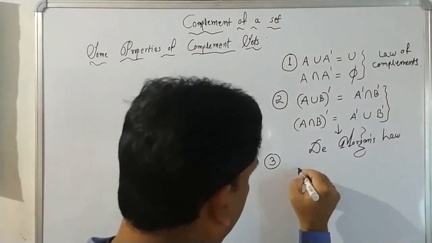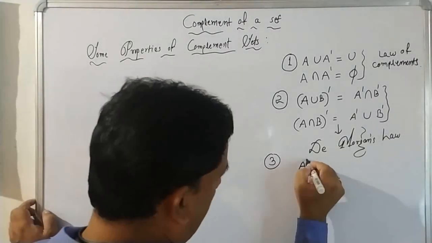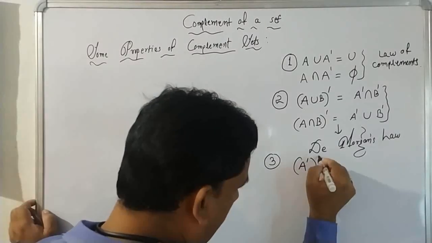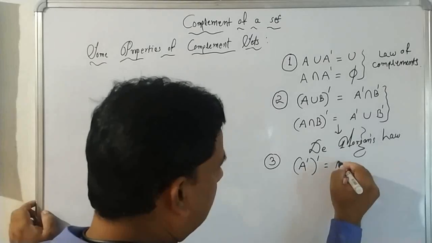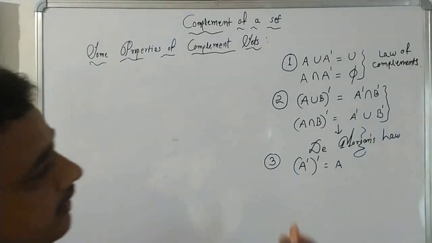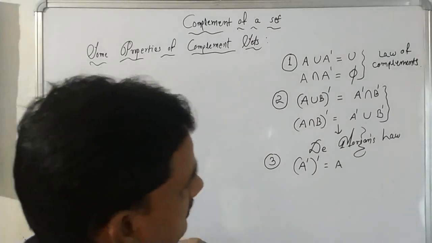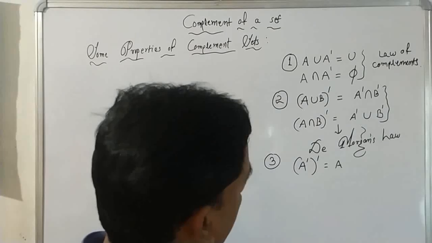Next, this is called the law of double complement. Complement of a complement is equal to the set itself. Okay, complement of a complement is the set itself.